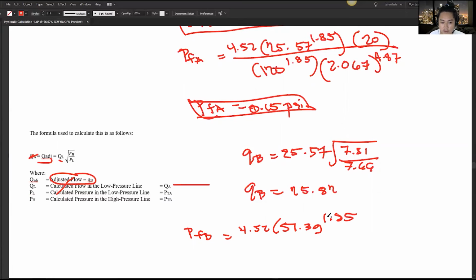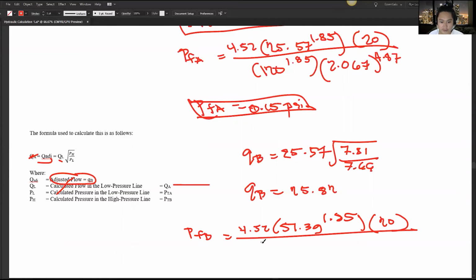So again, this is the formula for PF, the friction loss through the pipe from node C to node B. 51.39 is the flow rate at node B, raised to the power of 1.85. And the total length is still the same, that's 20.